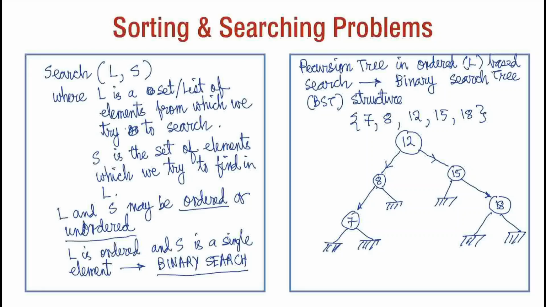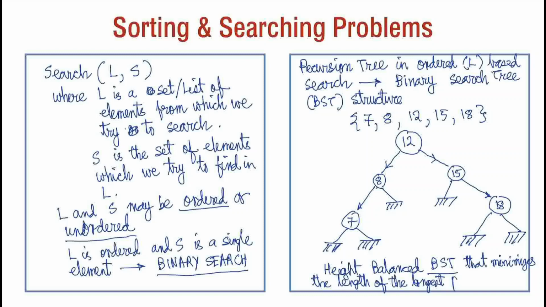We also mentioned that we would like to have a height balanced binary search tree, which is the recursion structure, a height balanced binary search tree that minimizes the length of the longest path, is optimal in the worst case.